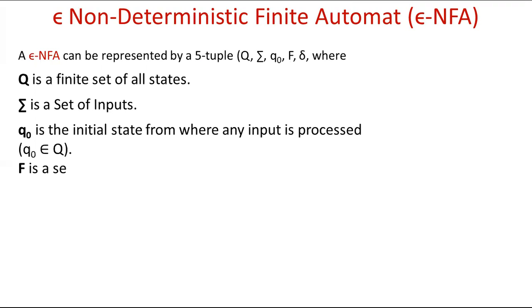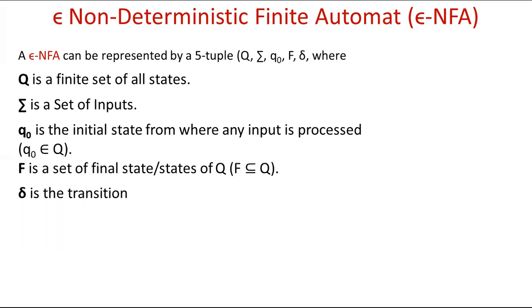F is the set of final states and delta is the transition function. So here let us see the difference in the regular NFA delta, how it is defined and how it is being defined in the epsilon NFA.